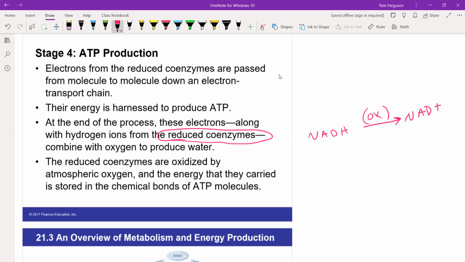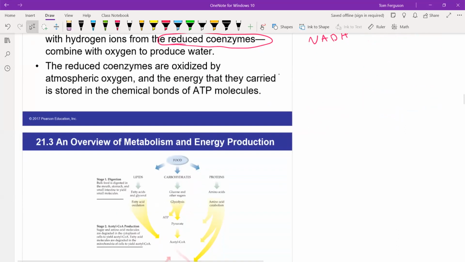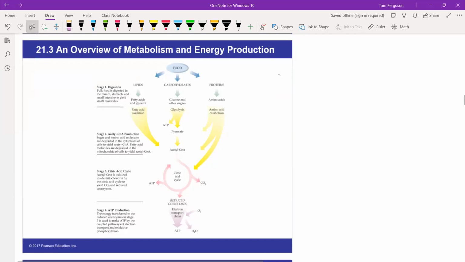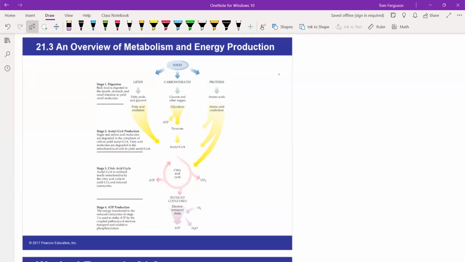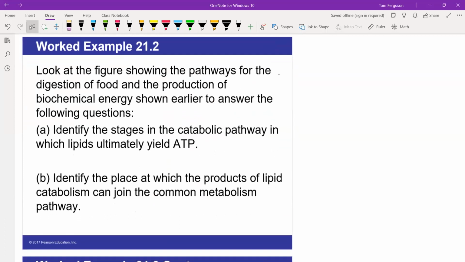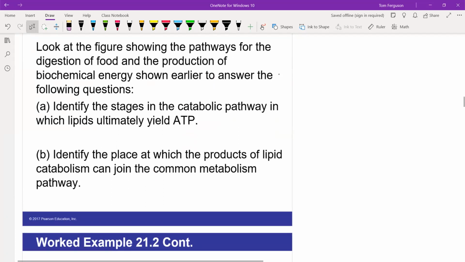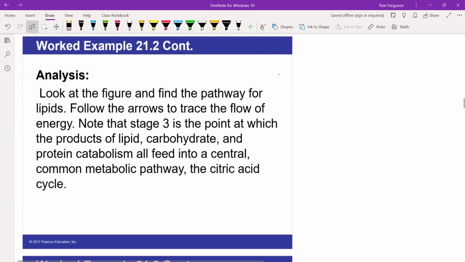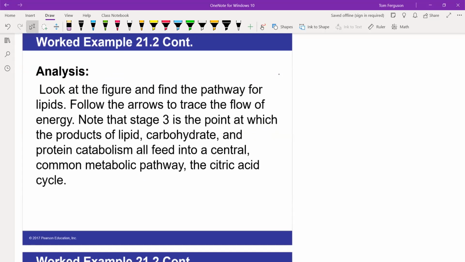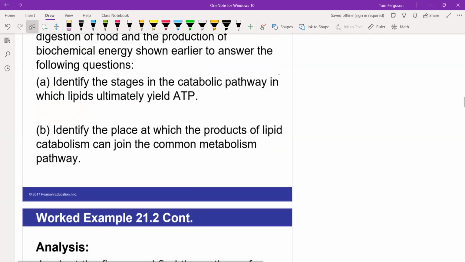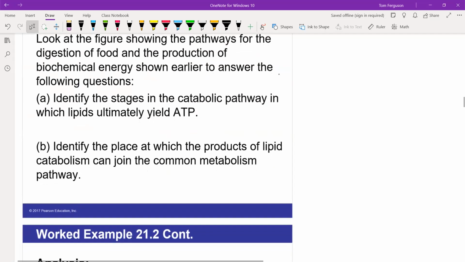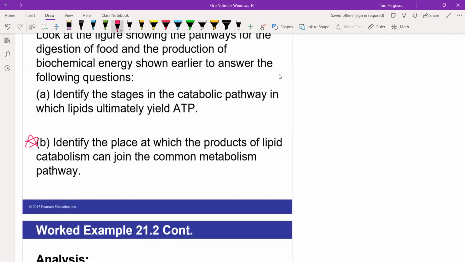And during that oxidation process, there's a transfer of electrons, and hence the name electron transport. Okay, which is here, which we just talked about. So where this is going, this here.